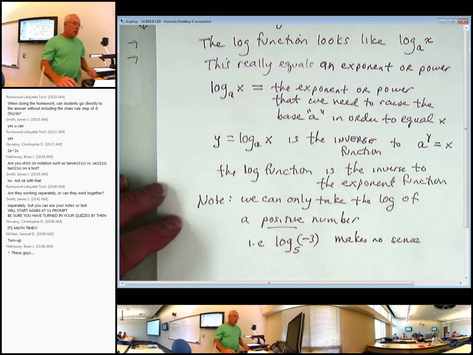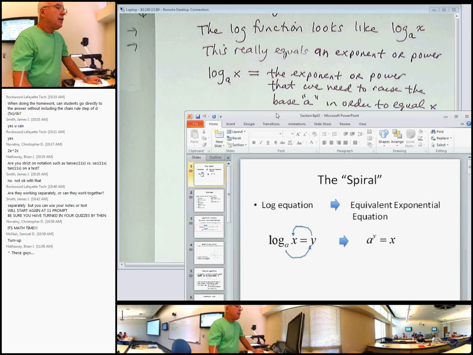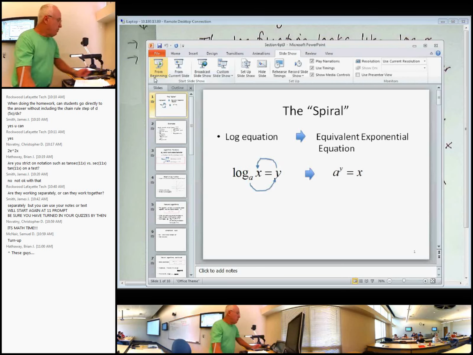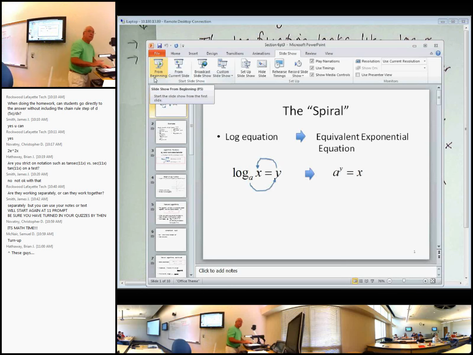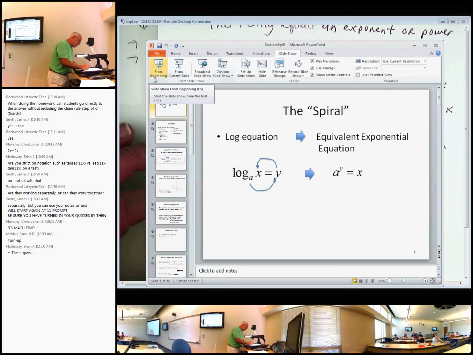Okay. Let's see here. I want to get a PowerPoint up here. When I teach college algebra, this is kind of how I teach logs. I use this concept because logs can be a little tricky, because they equal exponents, and so it's a little bit counterintuitive at first. I use the spiral. It's a nifty little concept. I think it helps.